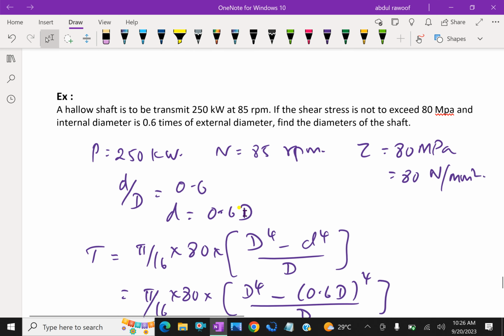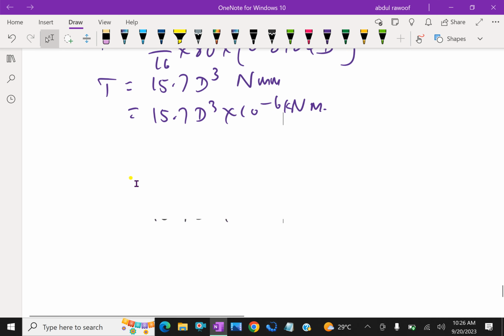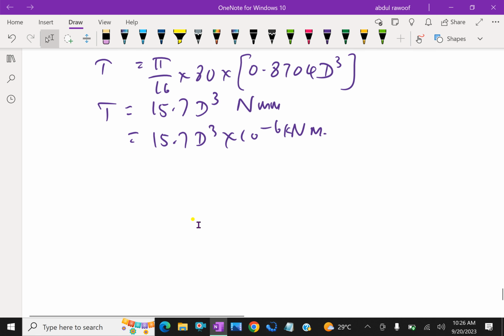Here the power is 250 kilowatt. So power equals 2 pi NT by 60.